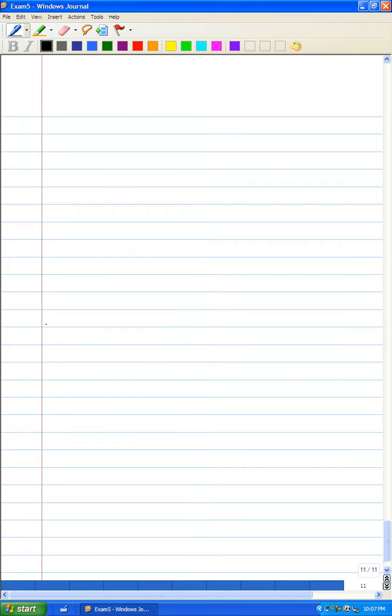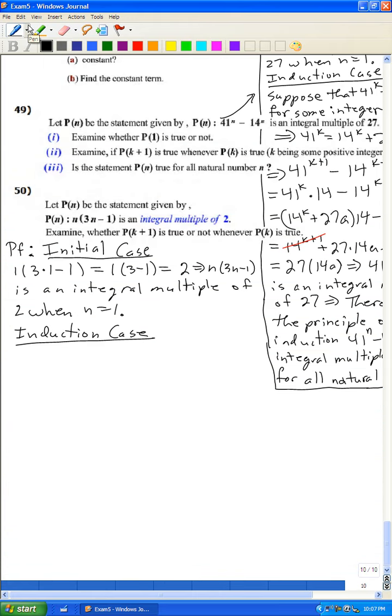So let's suppose k times 3k minus 1 is equal to 2a for some integer a.